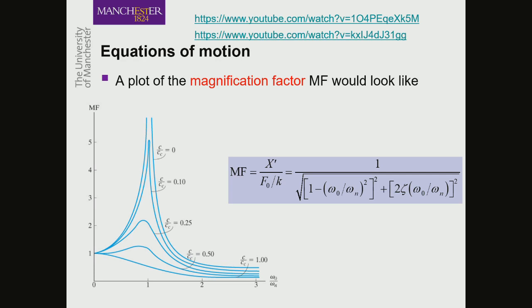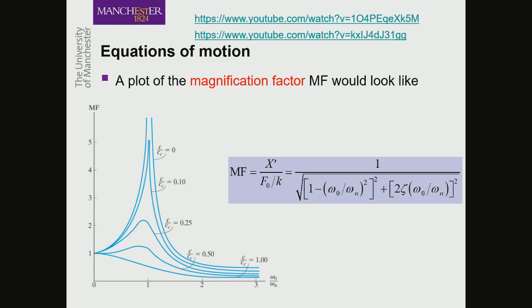When the frequency ratio, the forcing frequency over the natural frequency, gets very close to 1, you see that the displacement, or magnification factor, gets so high, trying to push the limits of the system. What you need to be careful about here: these outer curves represent C over CC equals 0. What does it mean? There is no damping, no dampers in the system.